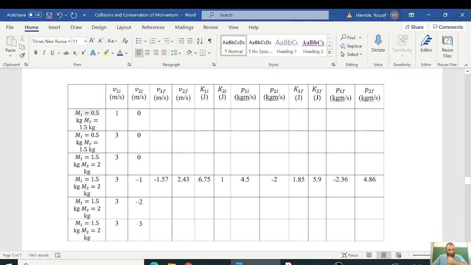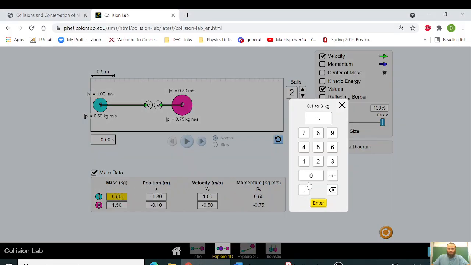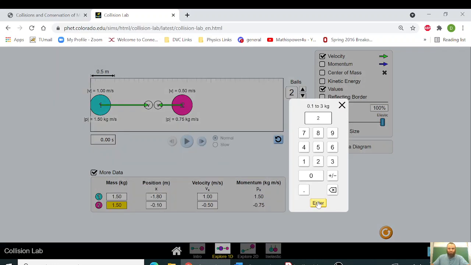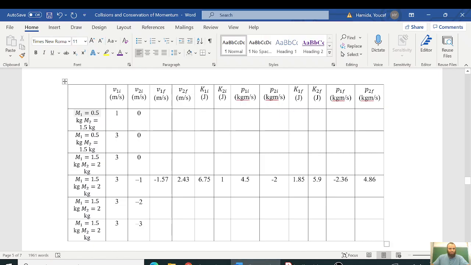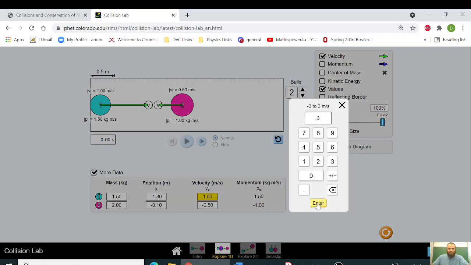So we're going to choose, you have different ones. I started here, the middle one, 1.5 and 2 kilograms. So M1 is 1.5, M2 will be 2 kilograms, and V1 initial is 3, and V2 initial is negative 1.